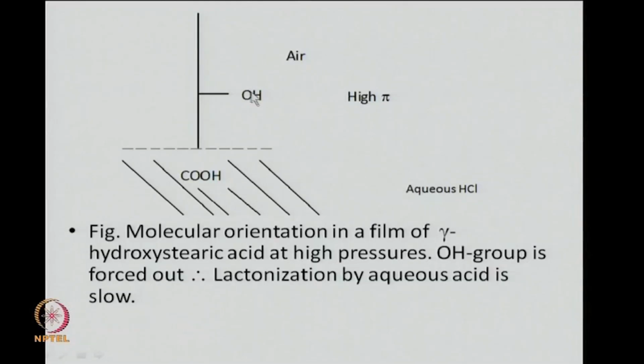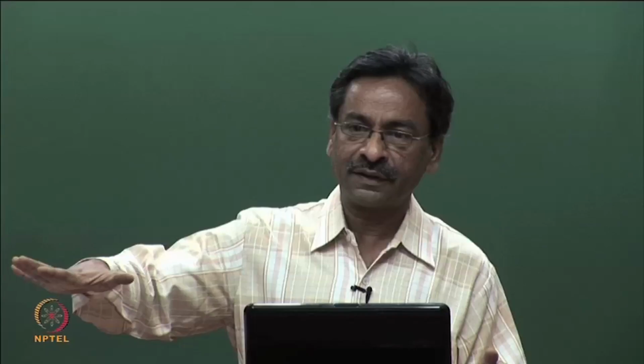Otherwise, we expect this OH will come in the vicinity of the aqueous solution. OH is forced away from the aqueous solution at high pressures. At lower pressures, this molecule would tend to lie down on the surface, so that the OH group now also resides in contact with the acid, right.